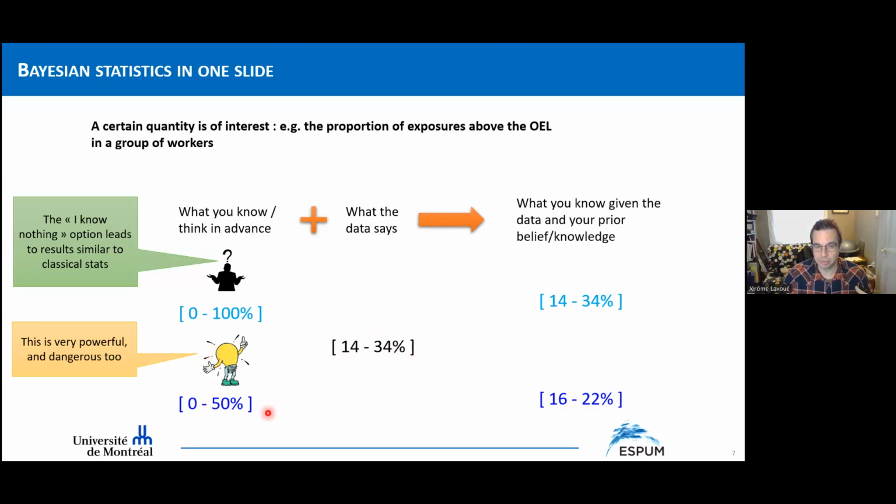So both types of information, the prior information that can come from your expertise, from a literature review, from historical data, you need to be confident in it, just as you need to be confident in the quality of your objective measurement data. So I hope this gives you a glimpse about Bayesian statistics.